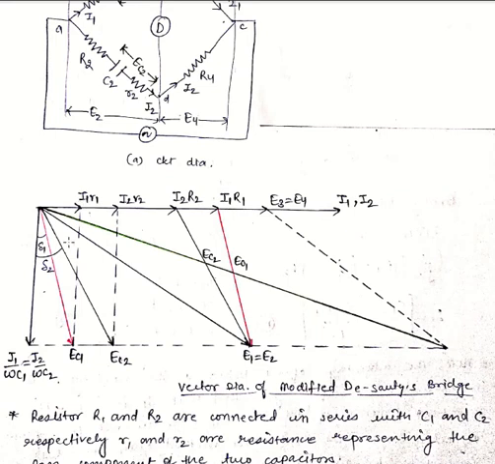Apart from this, at 90 degrees we'll have I1 divided by omega C1, and in this case I2 divided by omega C2. So the resultant of both these will give us E C1, and the resultant from the addition of I2 R2 will give us E C2.